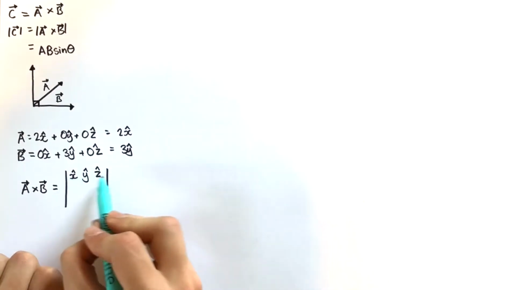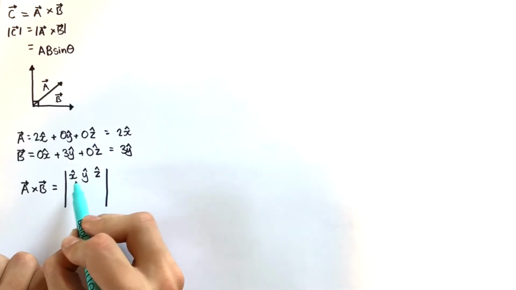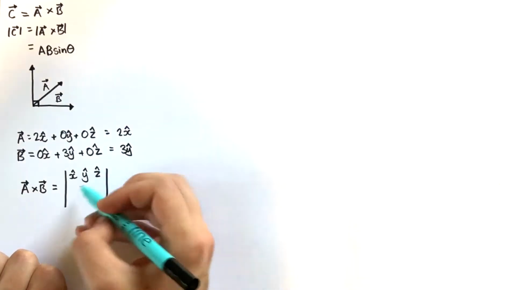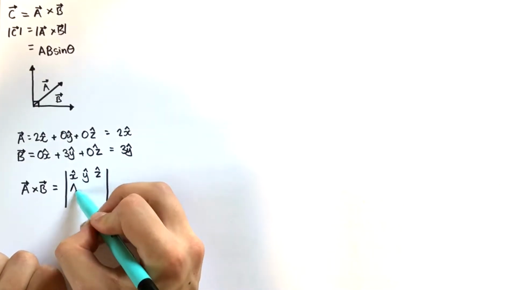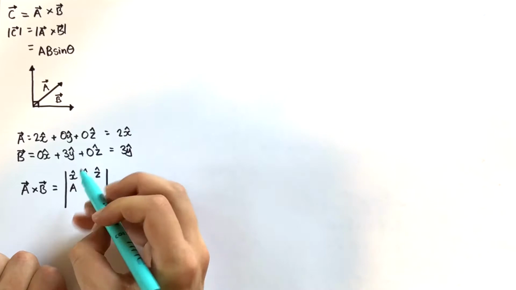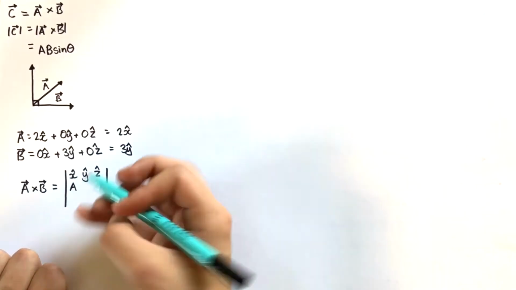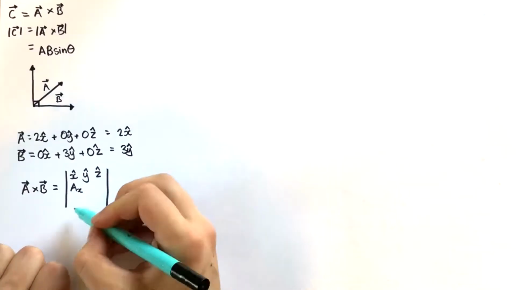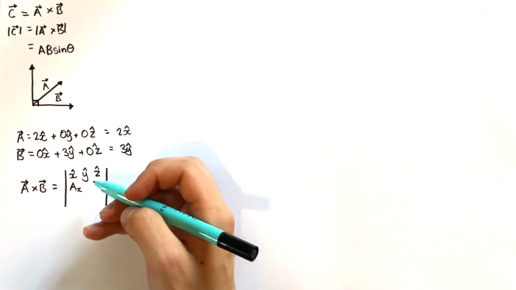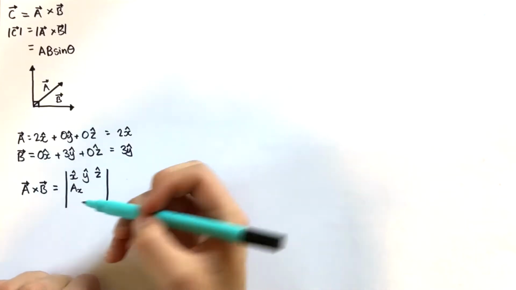So we always put these three unit vectors on the top row, and in the second row of this matrix that we're defining, again, we'll see why this is the case in a minute. It's a bit counterintuitive, but we'll have a look in a moment.